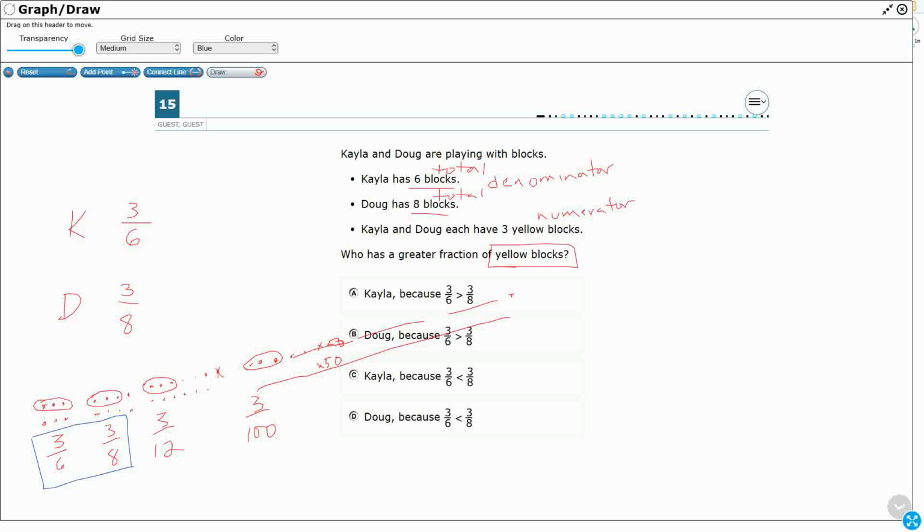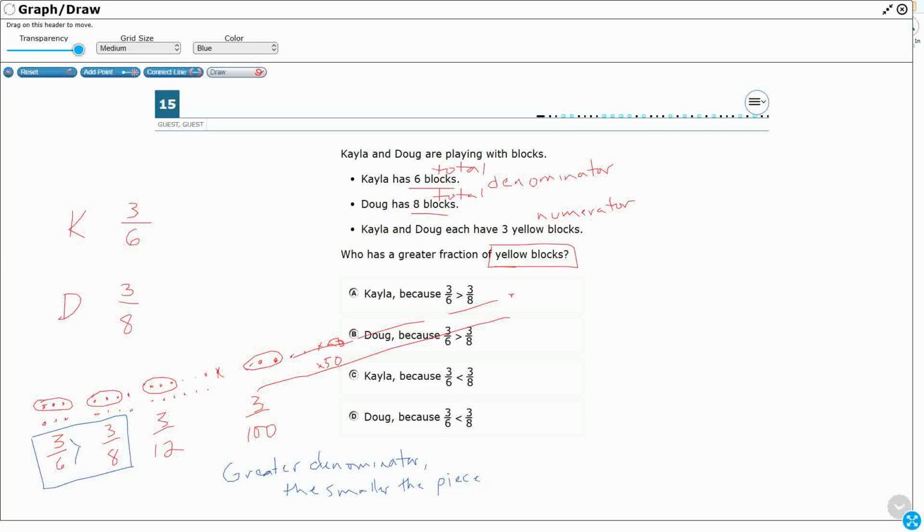So we can see that this 3/6 is going to end up being larger because the more pieces there are, the greater the denominator, the smaller the amount. So the greater the denominator, I'll write this right here, the smaller the pieces.